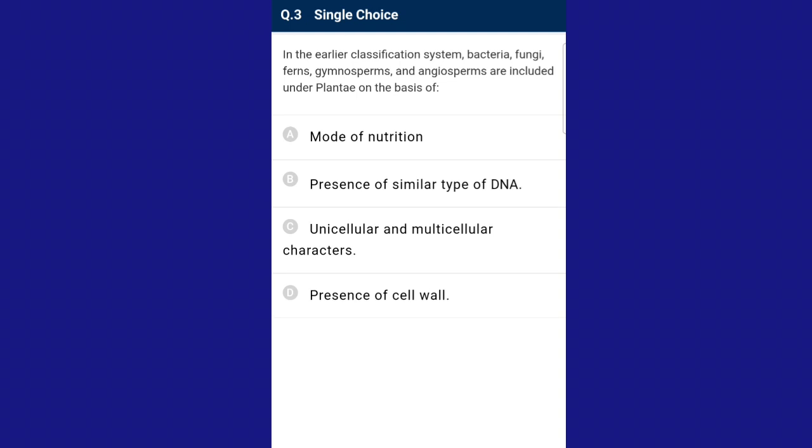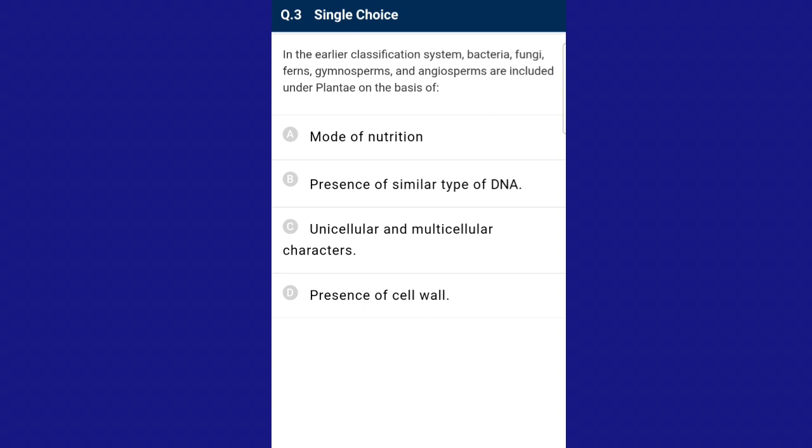Question number 3. The earlier classification system, bacteria, fungi, ferns, gymnosperms, and angiosperms are included under the Plantae on the basis of. In Linnaeus' time, the two kingdom system of classification with Plantae and Animalia kingdoms was developed that included all plants and animals respectively.